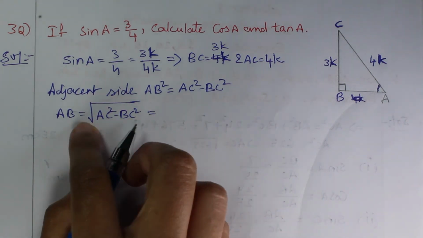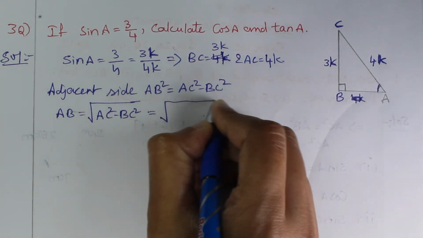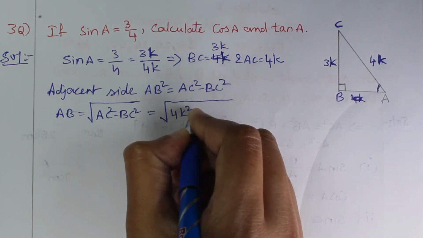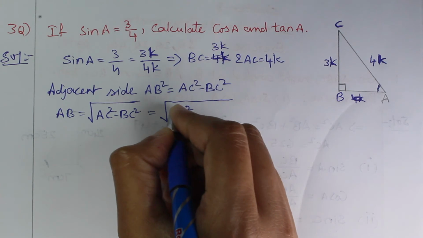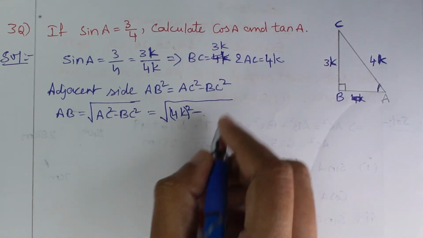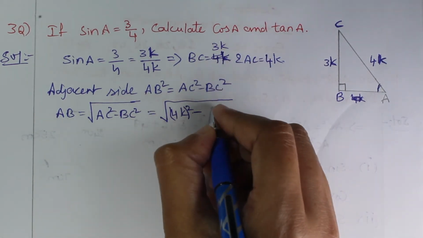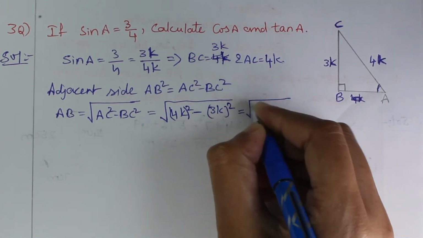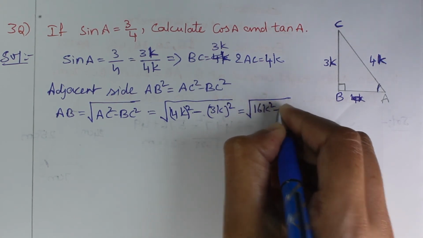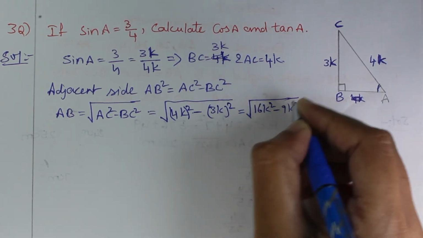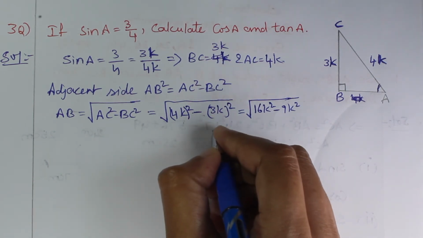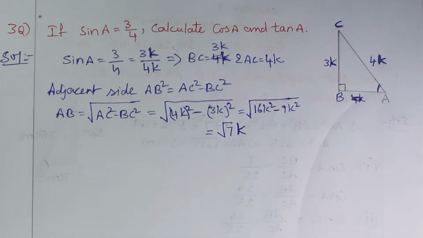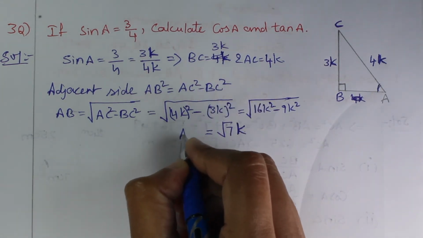Now what is AC square? 4K square minus BC square. BC square is 3K square. That is equal to square root of 16K square minus 9K square, that is equal to square root of 7K. This is the value of the adjacent side AB.